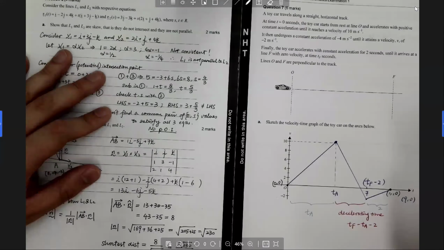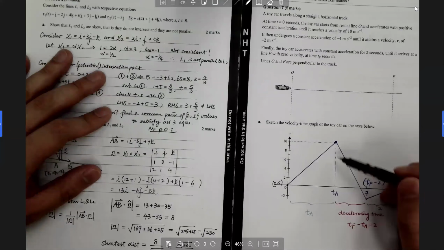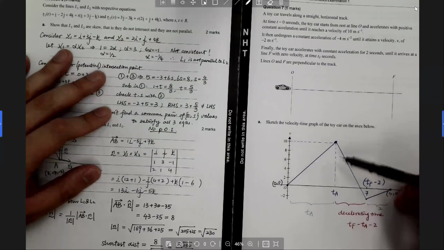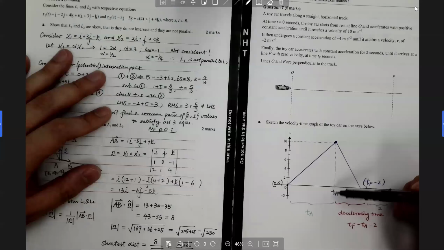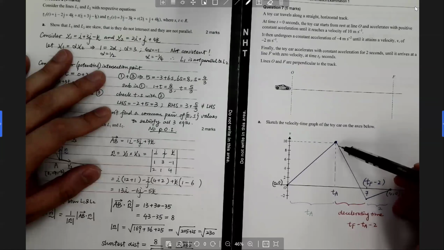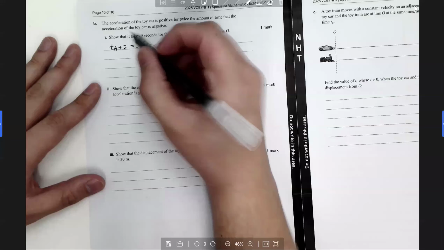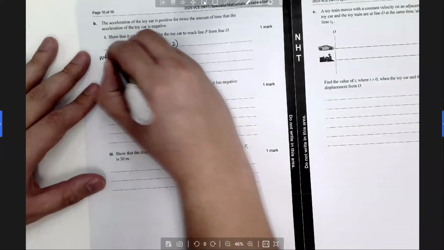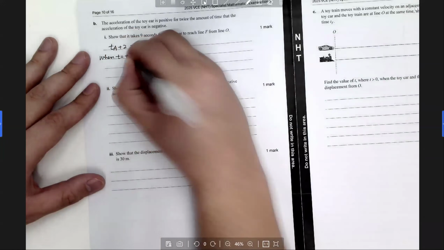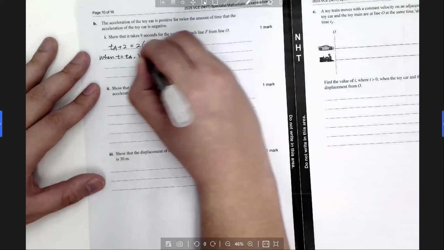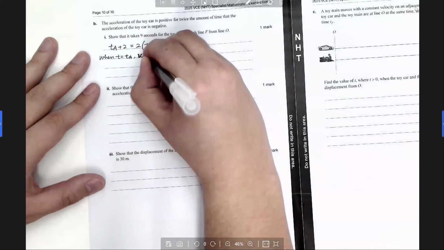So for example, over this period of time, the acceleration is minus 4. Okay. So I might say, okay, when t equals TA, the velocity is actually, let's call this u equals 10.